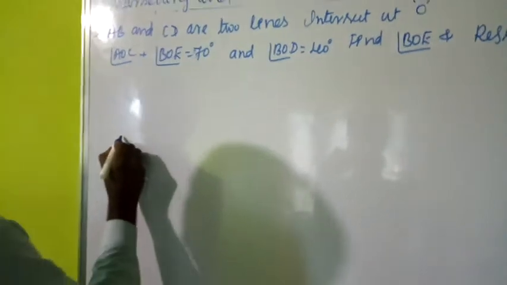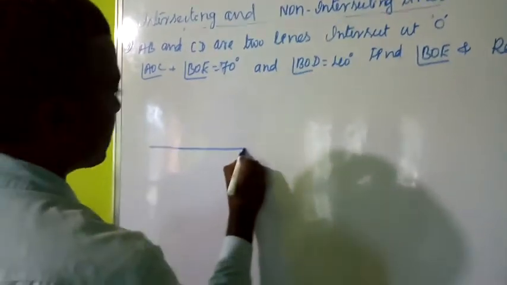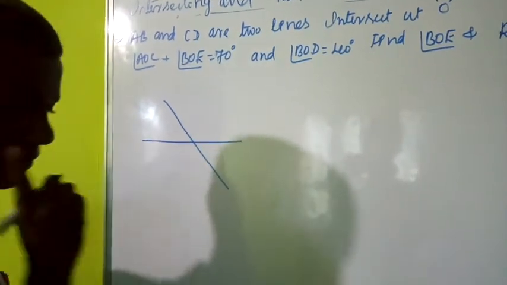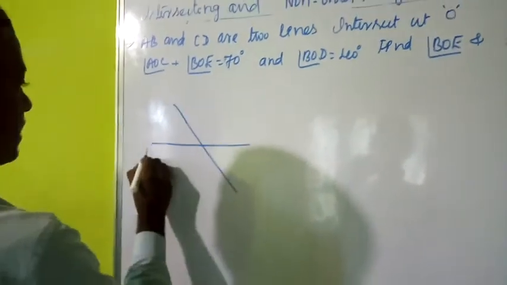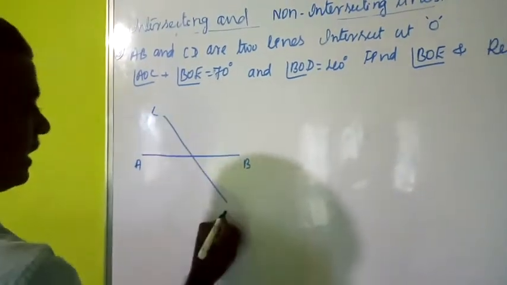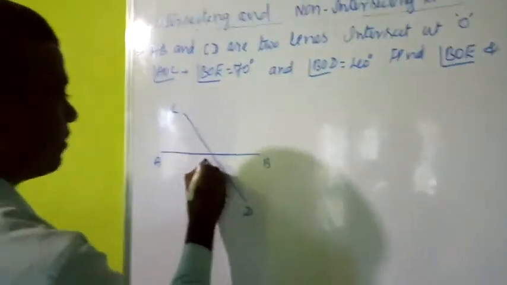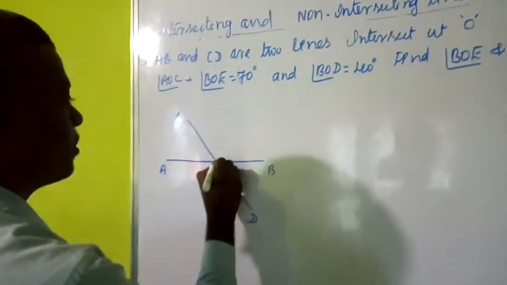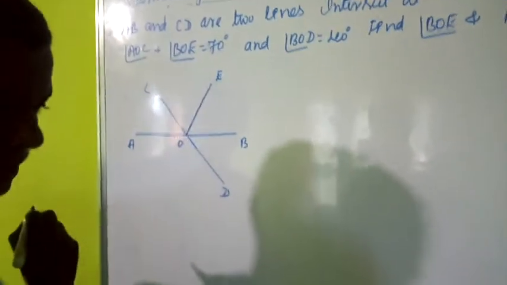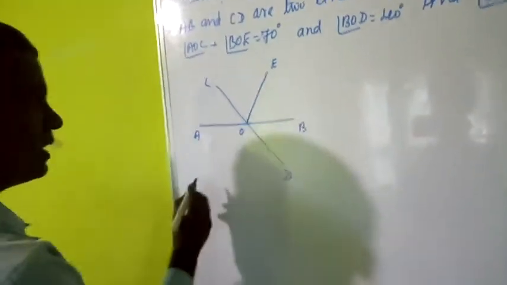Okay, for this, take the diagram here. The diagram is given. These are two intersecting lines. This is AB, this is your CD, this is your O, and one more point is given here, this is E. So what is given here?